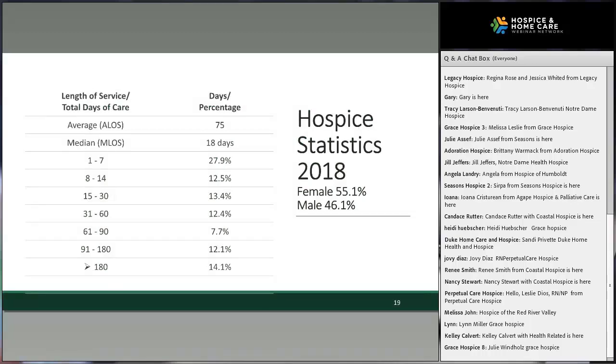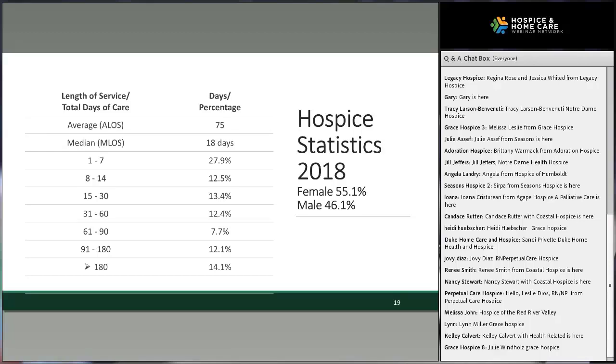If we look at the 2018 stats as far as length of stays, median length of stays, do more females join hospice than males? You can see, yes, it was a 9% difference for females to enter hospice in 2018.